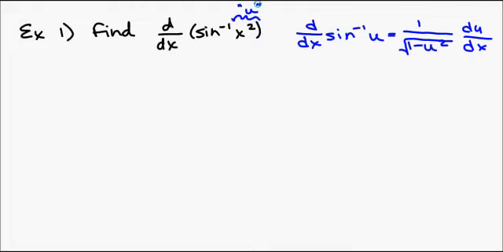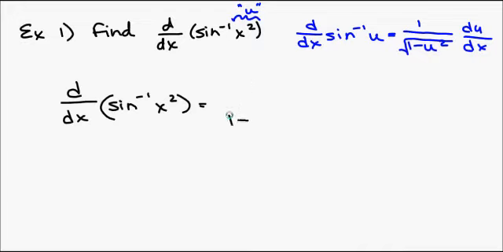And you should recognize this is a chain rule problem also, so we have an inside function. d dx of arc sine of x squared is equal to the derivative of the outside function is our definition over here.